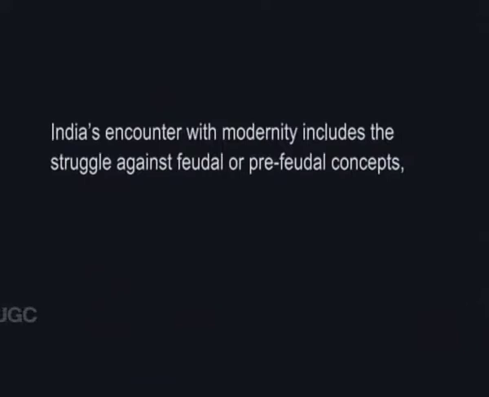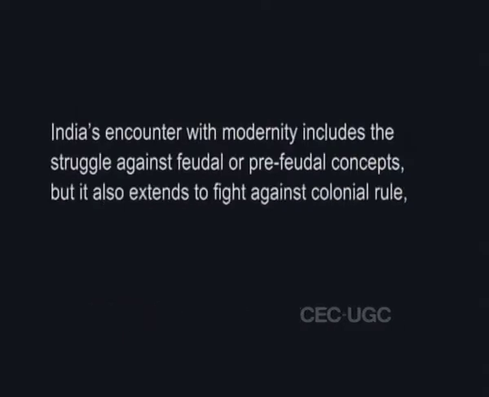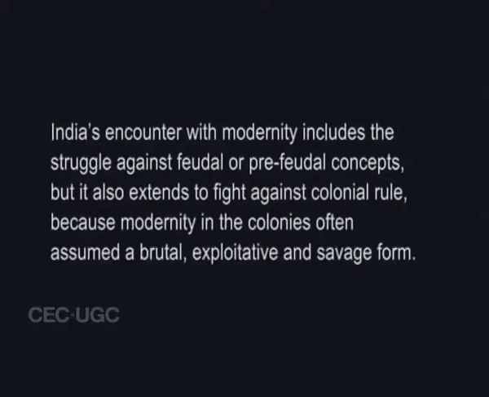But in a feudal country like India, which was transformed into a semi-feudal country by the consolidation of colonial rule, modernity does not end with a struggle against feudal or pre-feudal concepts, but extends to fight against colonial rule. Modernity in the colonies often assumed a brutal, exploitative, and savage form.